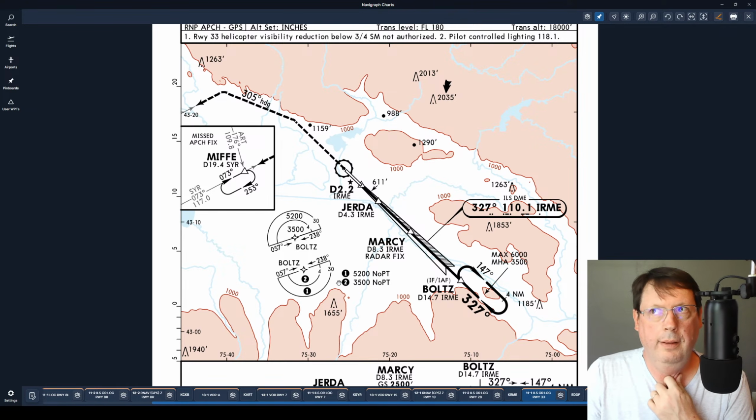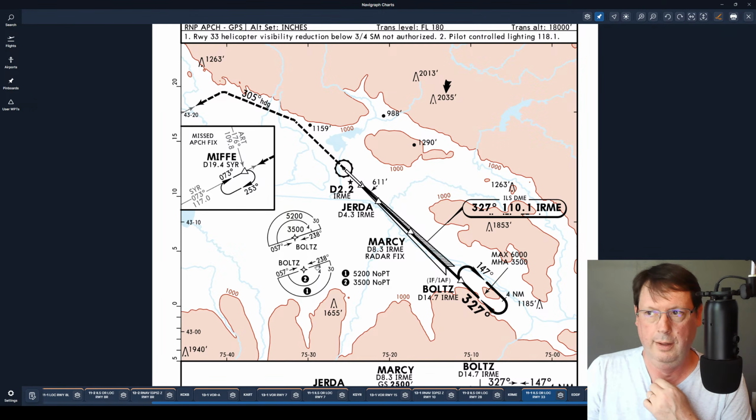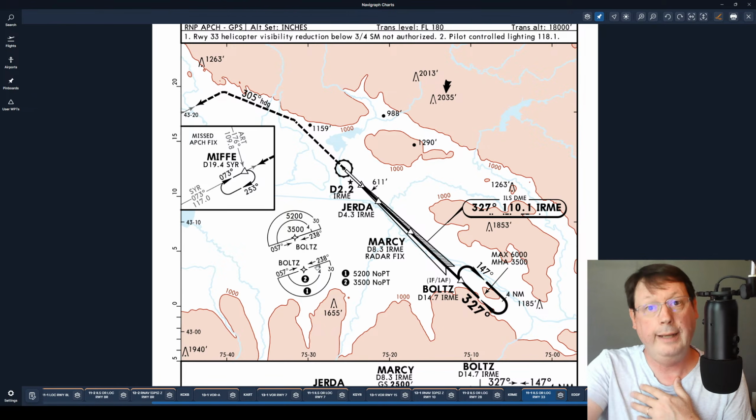What the FAA policy is now is that they want to have at least one ground-based approach within 100 nautical miles of any place you might find yourself in the United States. So in other words, let's say I'm on a cross-country flight and I need an ILS approach because, for example, there's a GPS outage. Well, it might be 99 miles away and I might have 50 miles worth of fuel.